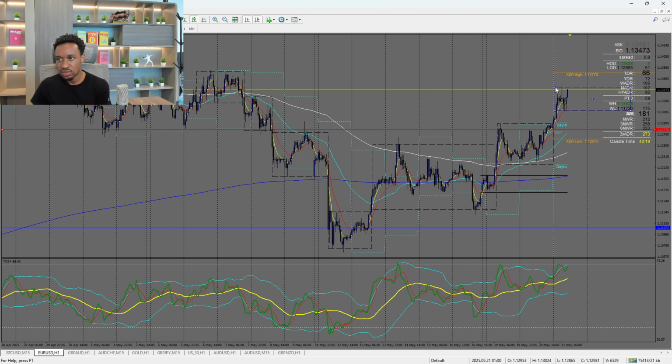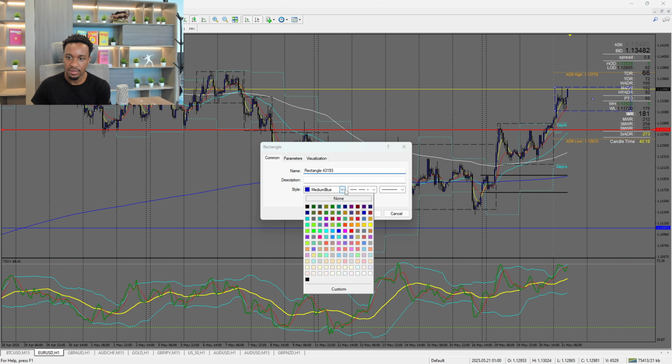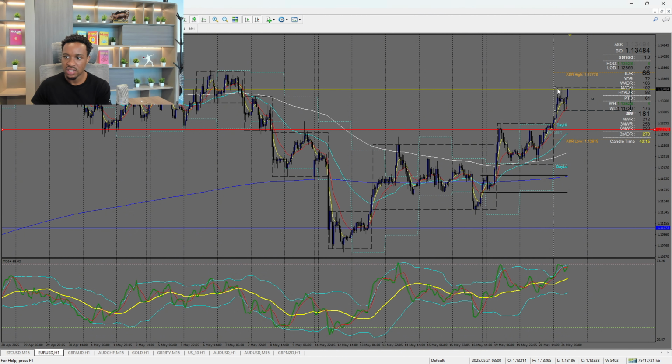One of the main benefits of the moving averages is that you don't even have to go to a much higher time frame. Once you know how to read this moving average, you know how to approach the market.